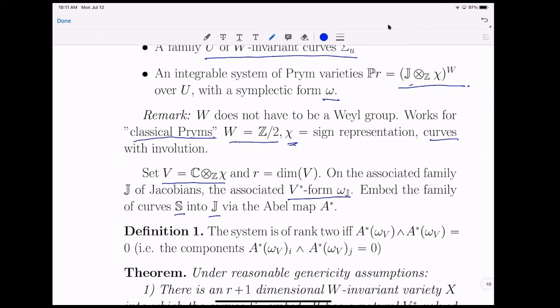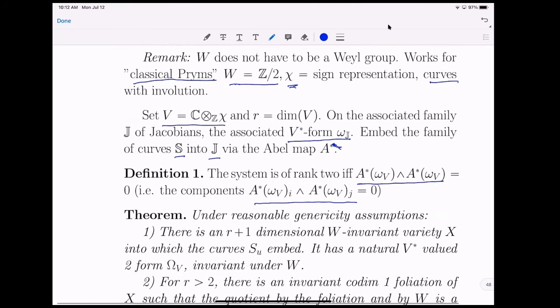Now I've called it A star, excuse me, oh dear, so maybe just A. And now the system is of rank 2 if basically it's the wedge product. Now this is a vector-valued form, so basically it's just saying you want all the components to wedge together to 0. So it's, again, a system of minimal complexity in terms of the Abel map.